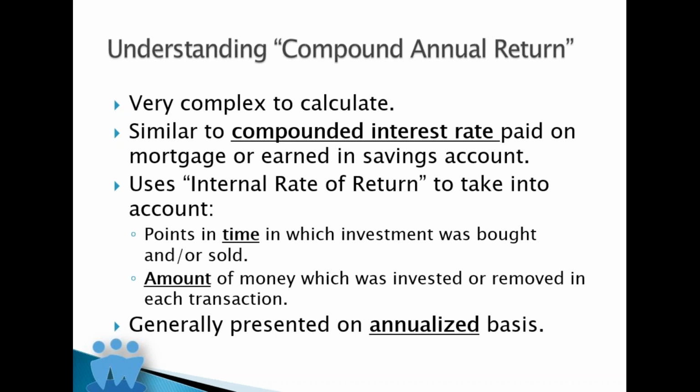We're using what's known as the internal rate of return, IRR, to take into account the point in time at which an investment was bought and or sold, and the amount of money that was invested in or removed in the transactions along the way. Now, this gets really tricky when you have a security that you've bought multiple times.